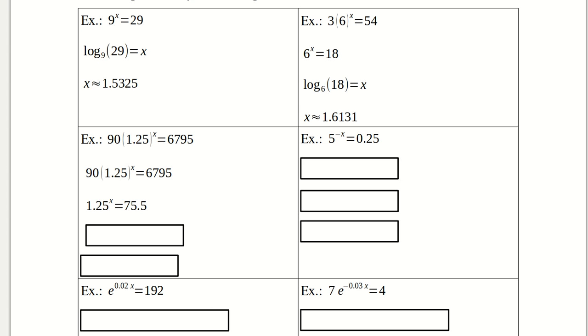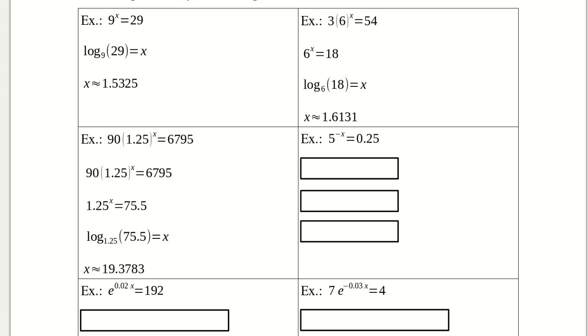The base is 1.25. The exponent is x. So x equals log base 1.25 of 75.5. Again, change of base in our calculator. X is approximately 19.3783.